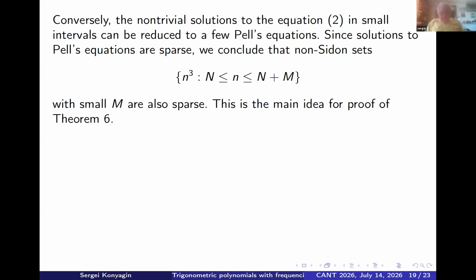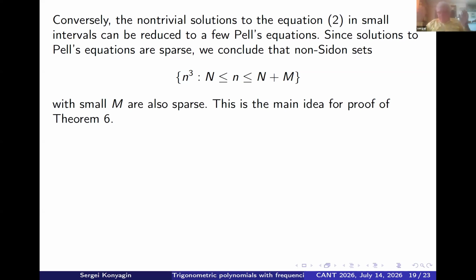Actually, the solubility of the equation x cubed plus y cubed equals z cubed plus t cubed, where x, y, z, t run over a small interval, can be reduced to some Pell equation. If m is rather small, for example, if it is close to square root of n, a little bit larger than square root of n, then we can reduce the problem to a few Pell equations.